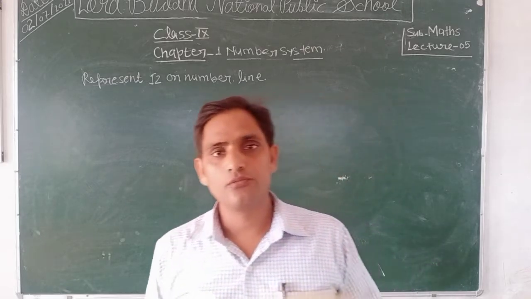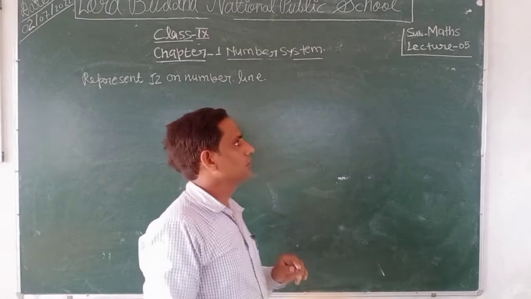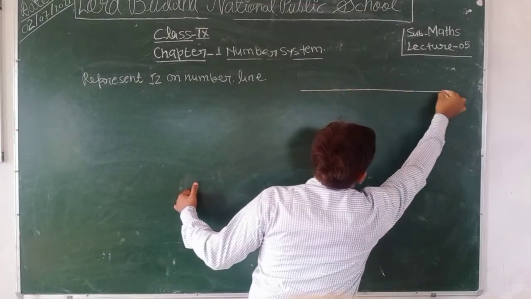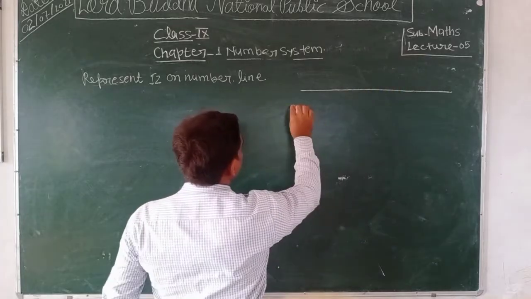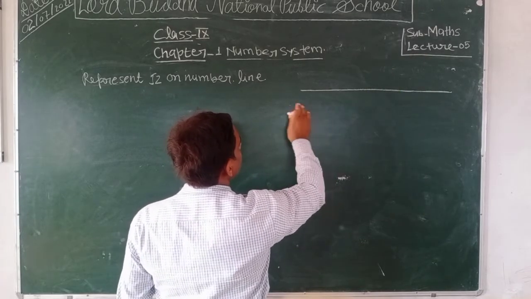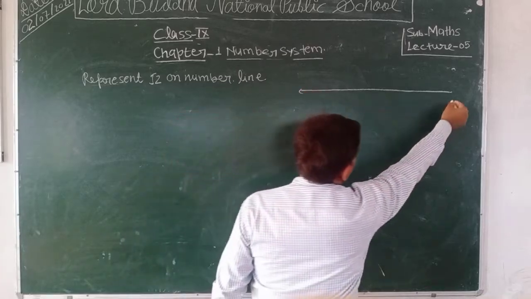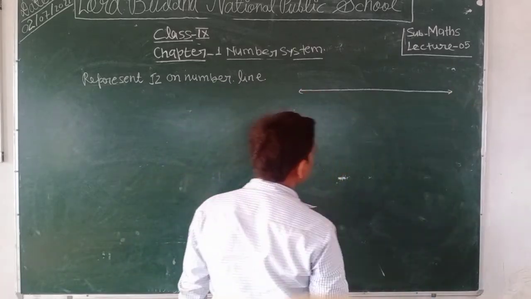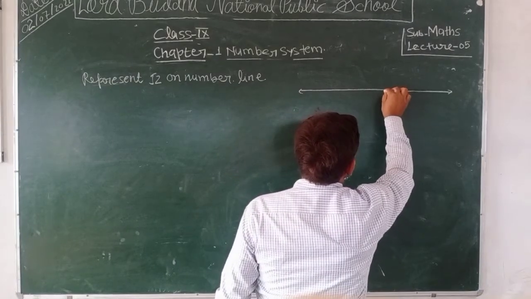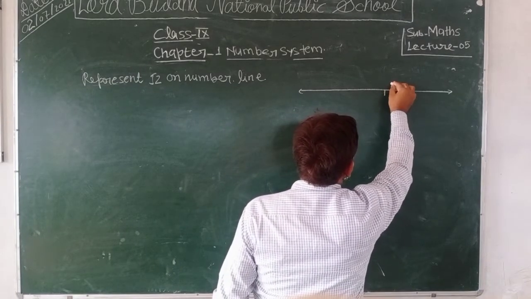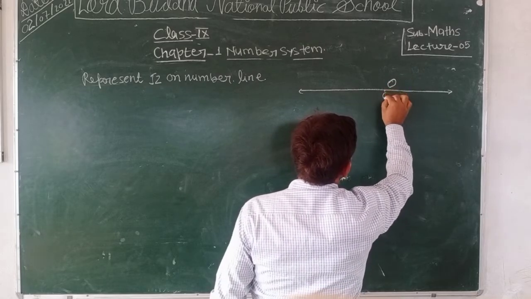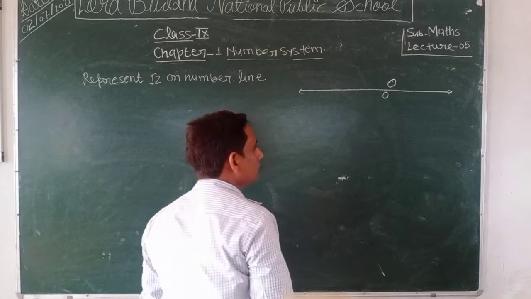So first of all, in the first step, we draw a straight line. We can name it X, Y, or unit. This is a straight line. Now we mark a point on this line as O. It denotes the 0 on the number line.